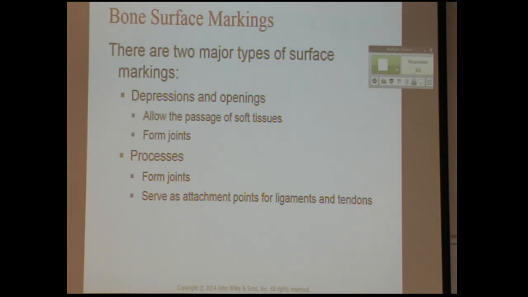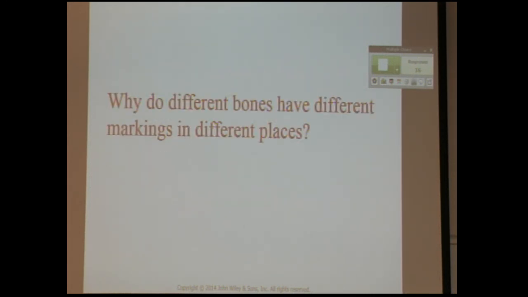And if you notice, they both say form joints. That's because in most joints, one bone has a depression, one bone has a process, and they fit together. Kind of makes sense, right? We do have a whole chapter on joints later. We'll get more into it. For now, you just have to imagine the bones just floating around, magically attached together. It's kind of weird.